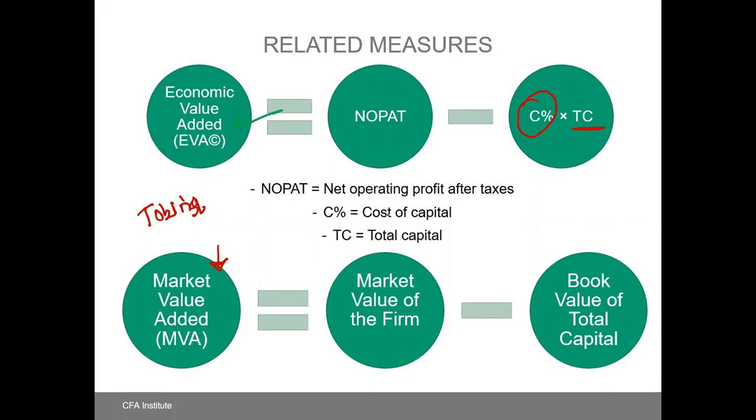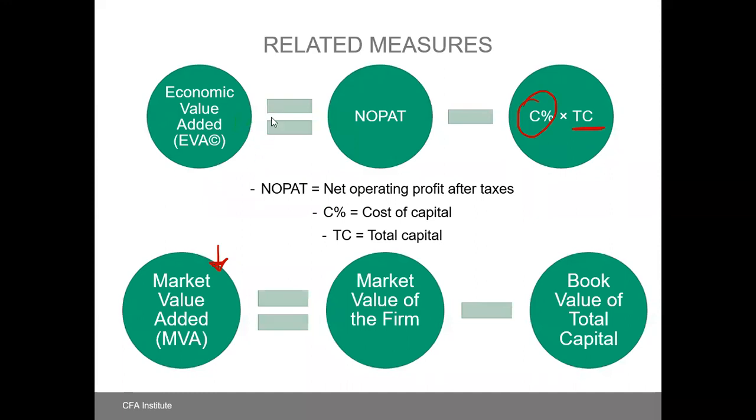So if you take the market value of your stock and the market value of your debt, I mean the market value of capital, and divide this number by the book value of your total capital, book value of equity and the book value of debt, in that case, you will get the market value added. So you can easily understand that economic value added and market value added are two different things, but how are they related?